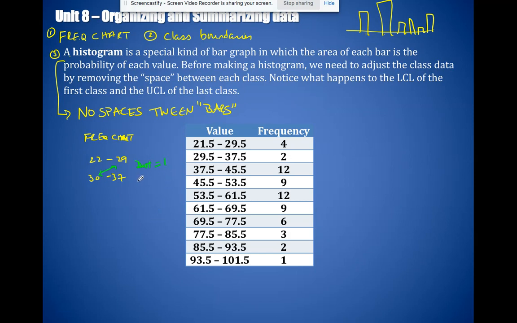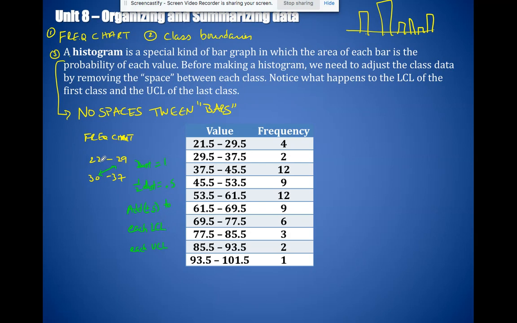Cut that distance in half. Add that value plus or minus to each LCL and each UCL. And I hope you can see where you add and subtract, right?